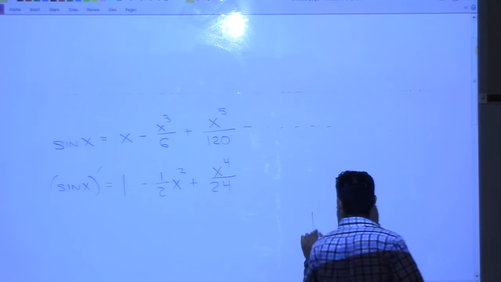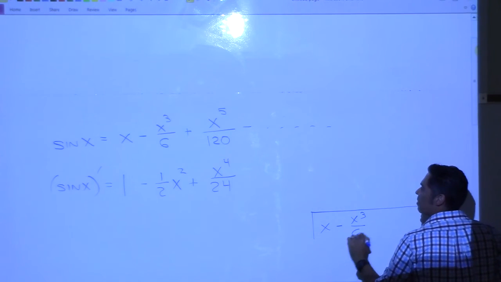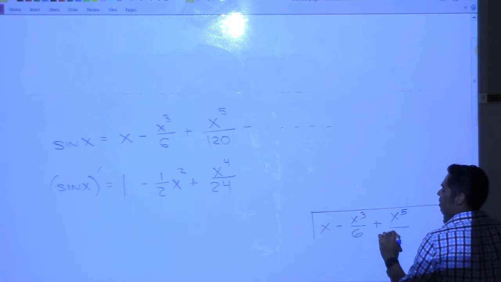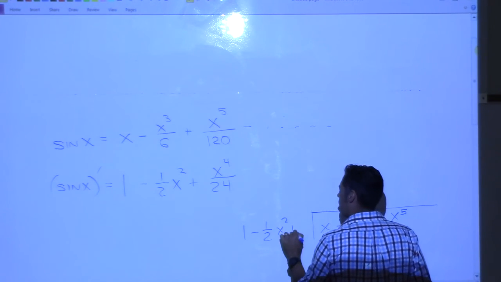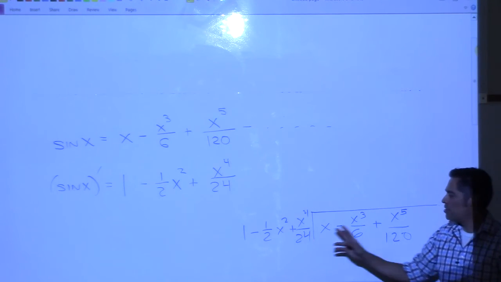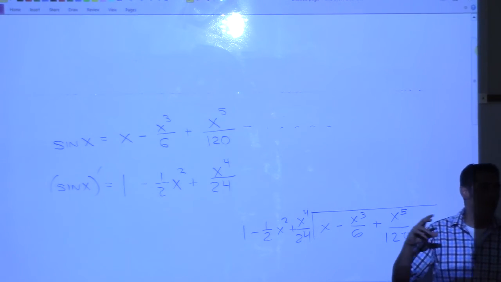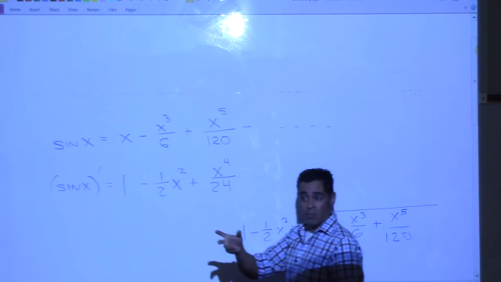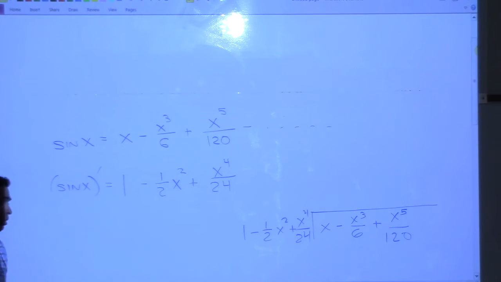You would have to do x minus x cubed over 6 plus x to the 5th over 120, divided by 1 minus 1/2 x squared plus x to the 4th over 24. But the problem is these are both infinite series. They go on forever. So we have to learn how to multiply and divide power series. In fact, I'm doing that with my class tomorrow in Cal 2, so this is towards the end.